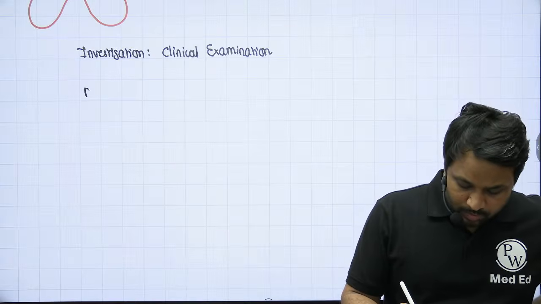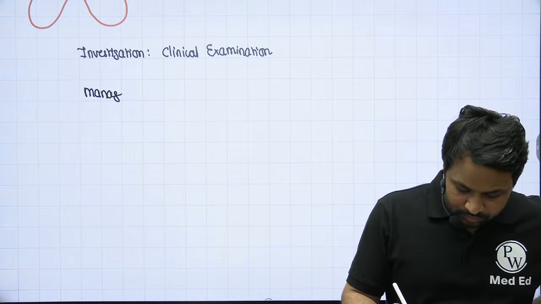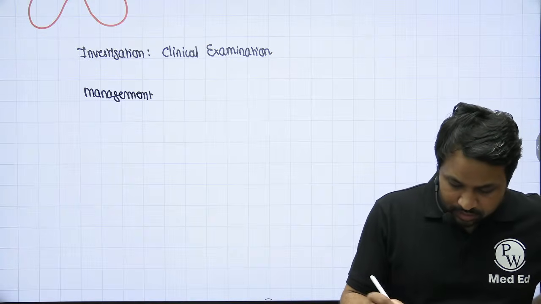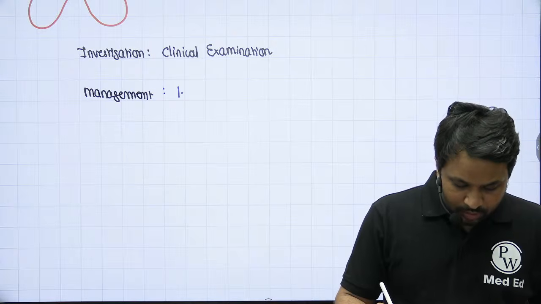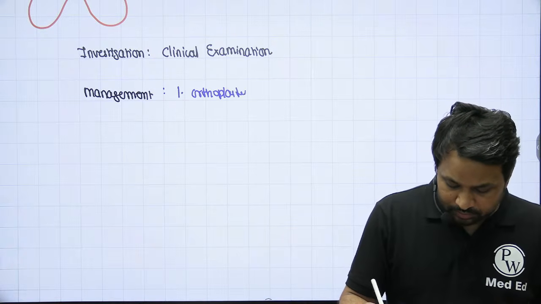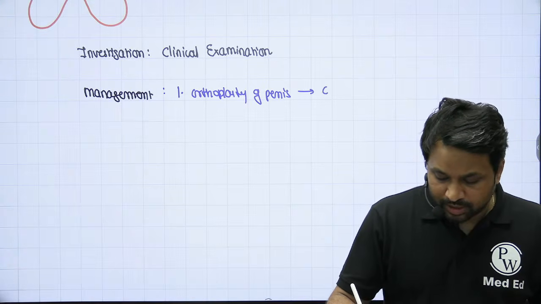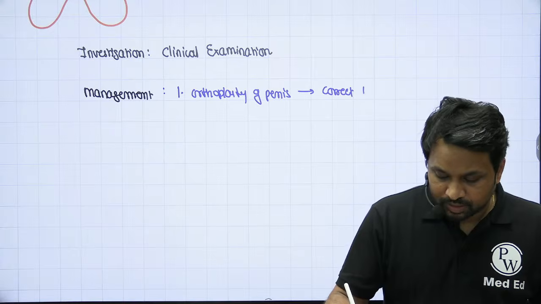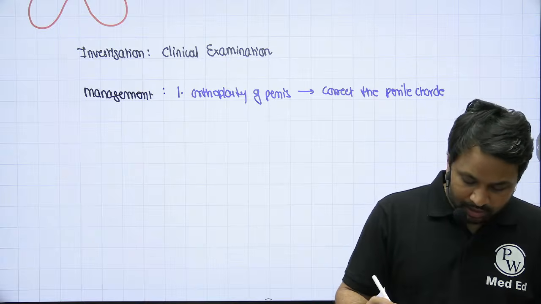Now, when you talk about the management, the management options that we have, number one is orthoplasty of the penis. This orthoplasty of the penis is to correct the penile chordae.